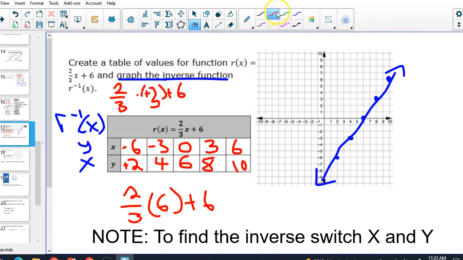Okay. And then if we did want to, I guess we can graph the original just to show that it's still going to flip that x and y. It's going to be at x is -6 and then +2. And it's going to be -3, +4, and then it's going to be 0, 6, and then 3, 8, and 6, 10.